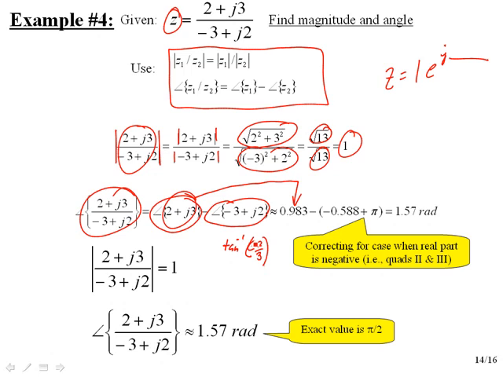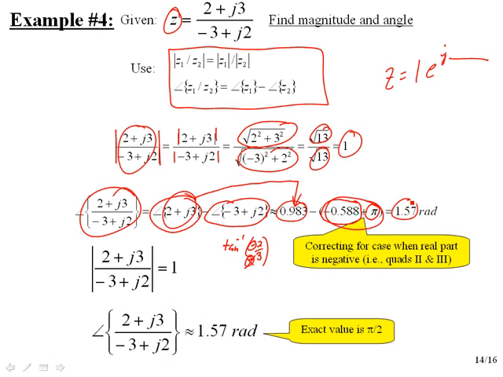Our calculator does not know that the minus actually belongs to the 3. And therefore, our calculator spits out minus 0.58, to which we add pi. And now we're going to subtract that whole quantity from here, and we get 1.57 radians.